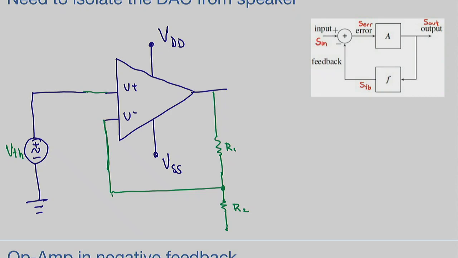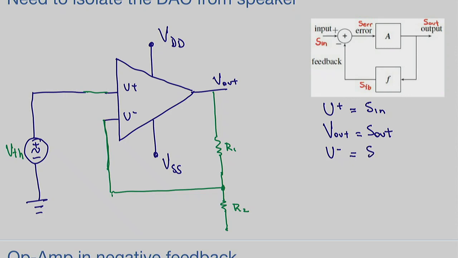In this case, in our block diagram, what is U+? Which signal is U+? Signal in, thank you. Yes. What signal is V out? S out. Okay. Which signal in our diagram is U minus?